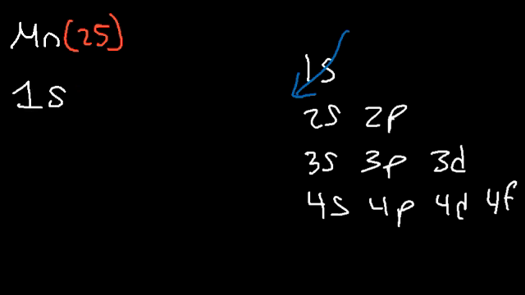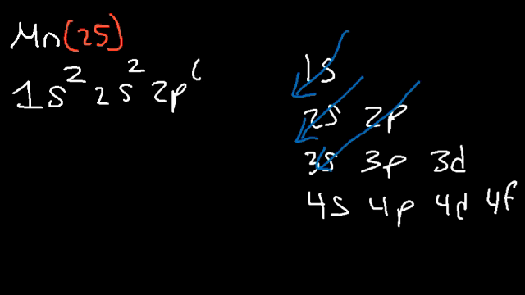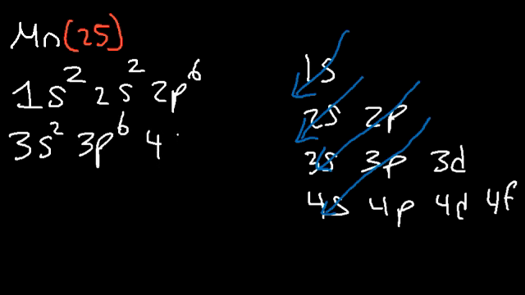So it's going to be 1s2, then after 1s it's 2s2. P can hold up to 6 electrons, so it's going to be 2p6, and then after 2p6 is 3s2. Then after 3s it's going to be 3p, then 4s. So it's 3p6, 4s2.